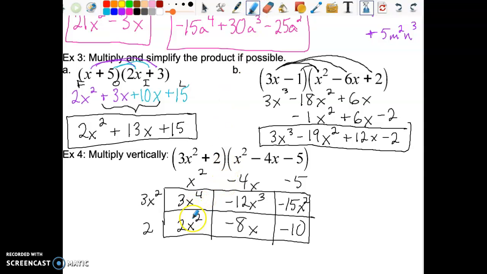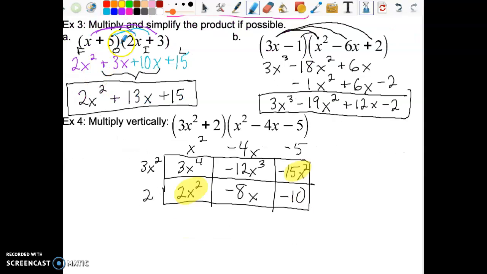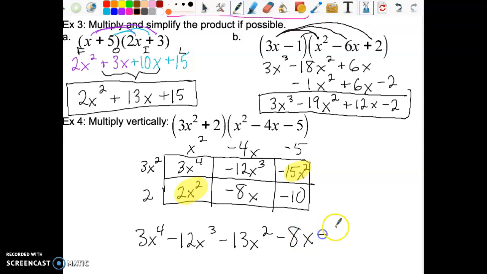This time there's only two like terms, these two. Again, you don't have to do the problem this way. I'm just giving you another option. So then your final answer is 3x to the fourth minus 12x cubed minus 13x squared, because that's negative 15 plus 2, minus 8x minus 10.